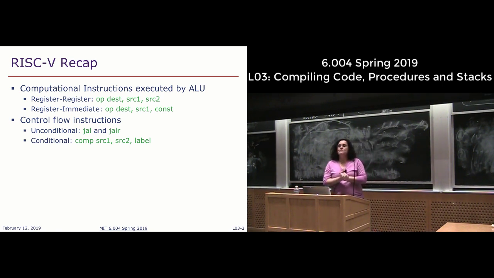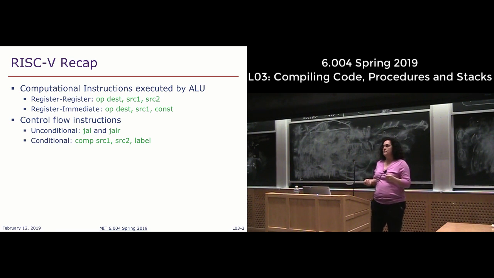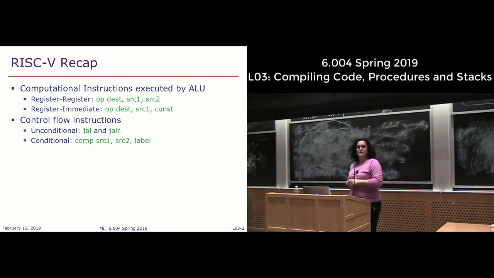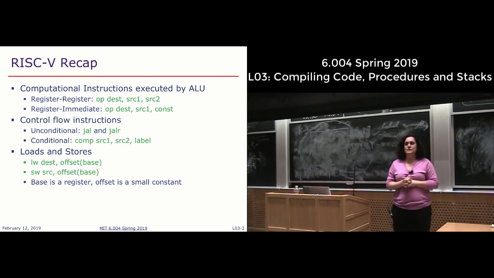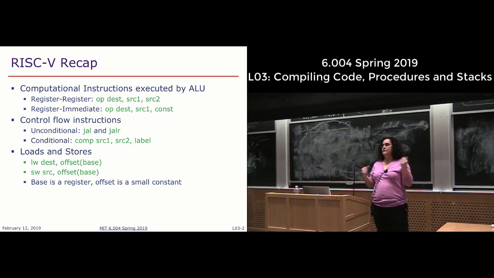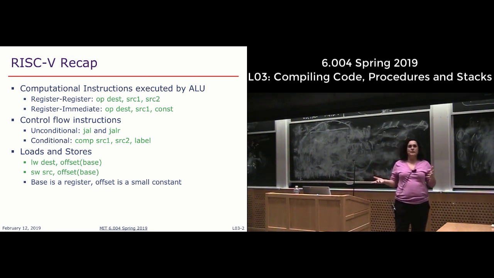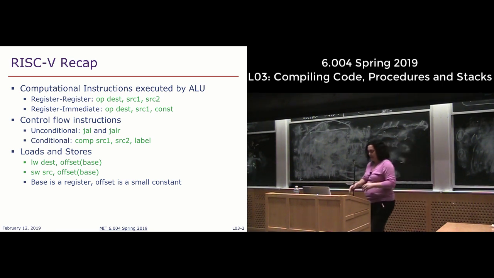The other type of control flow instructions are our conditional branches, where we do some kind of comparison, and based on that comparison, we decide whether or not to take the branch. And then finally, we have our loads and stores, which are the instructions that we use to transfer information back and forth between our memory and our registers.